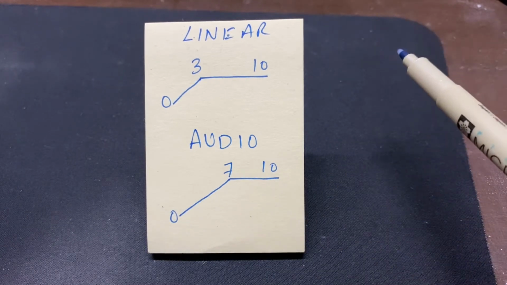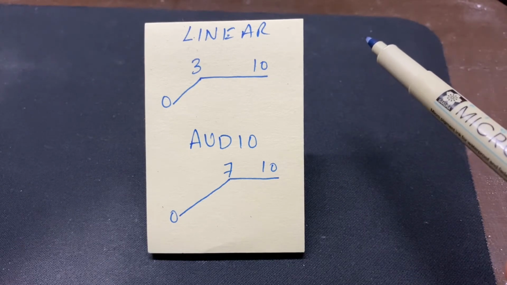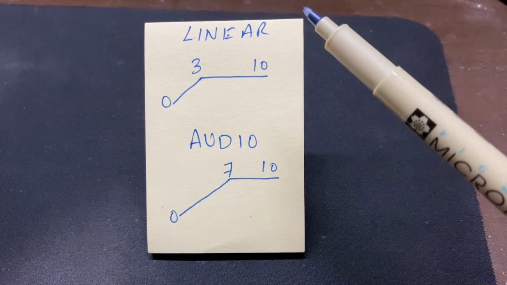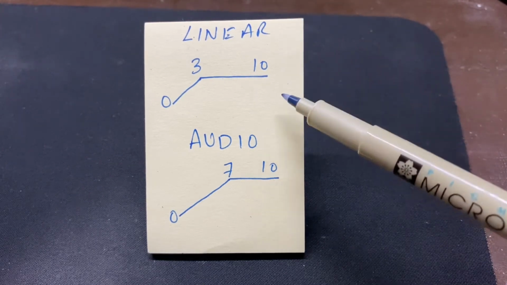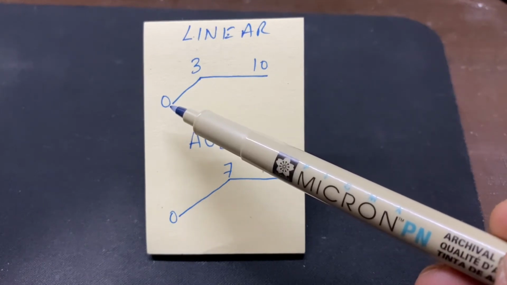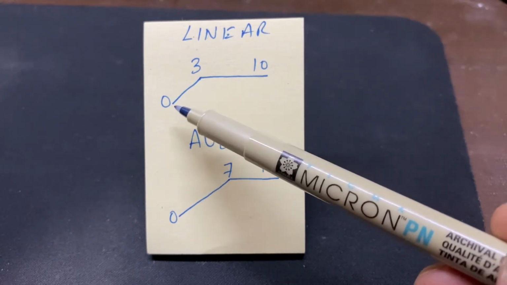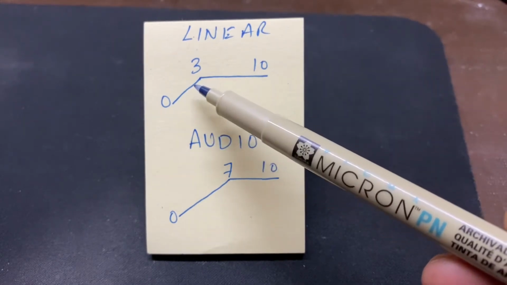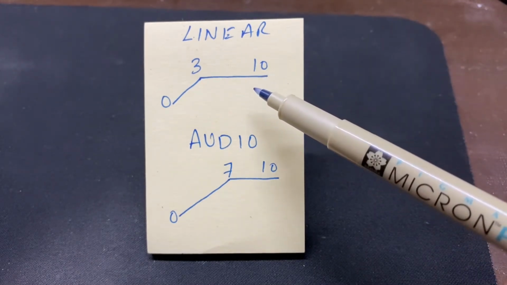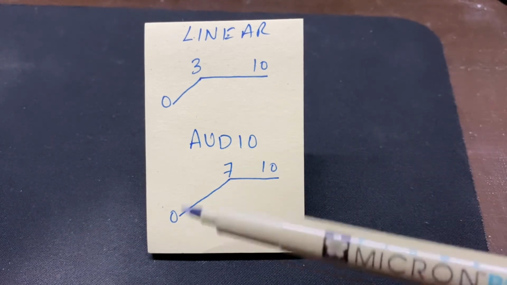And in some amplifiers, let me take the example of the Fender Hot Rod Deluxe 3. They corrected this in the Hot Rod Deluxe 4, but the Hot Rod Deluxe 3 had a volume control on the clean channel which would do just this. Between 0 and 2 or 0 and 3 it would have the maximum volume bump, and after that it would not increase the volume. It would just be flat and remain that way.